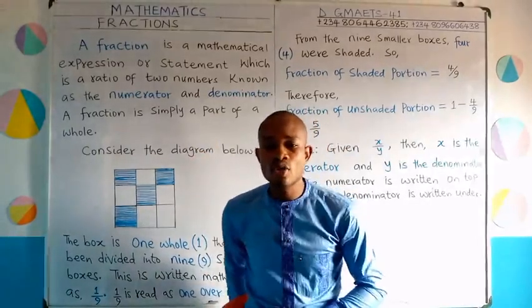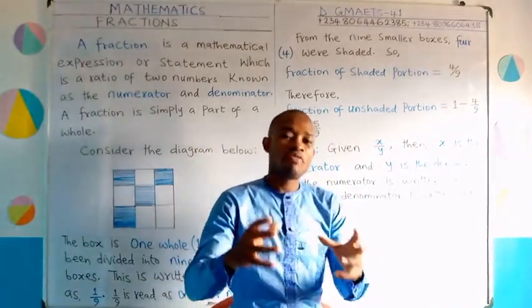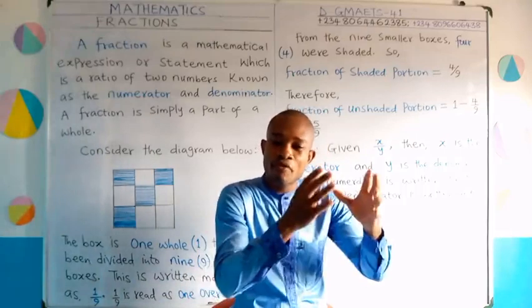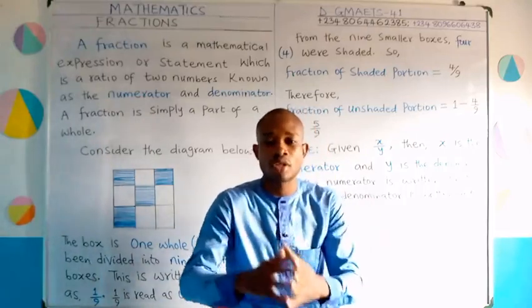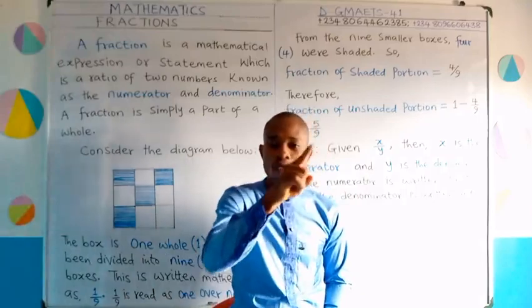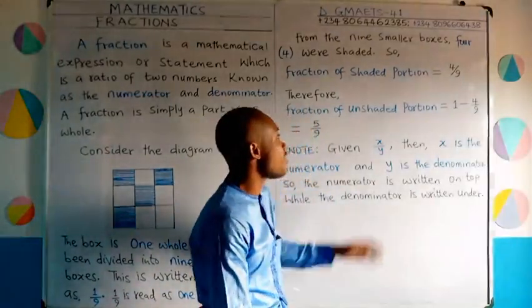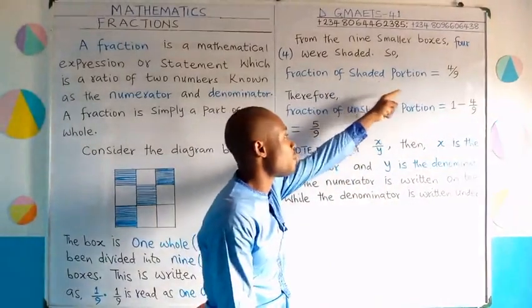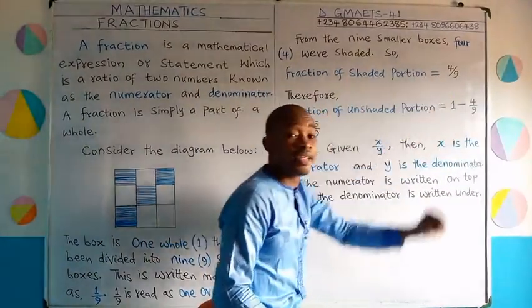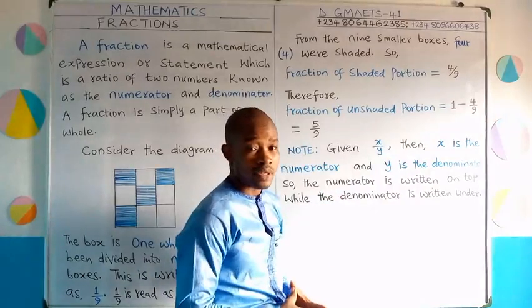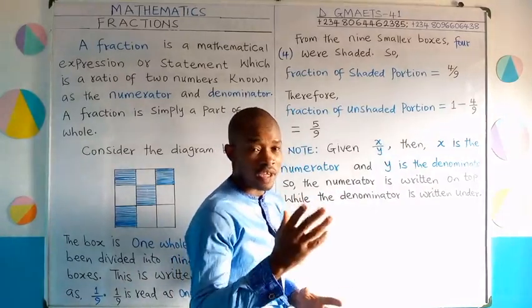So if I ask you what portion of these boxes are shaded, or if I ask you to find the fraction of the shaded portion, the answer will be 4 over 9. That is the fraction of the shaded portion that we have here. Fraction of the shaded portion is equal to 4 over 9. That is to say, 4 out of that 9 smaller boxes have been shaded.